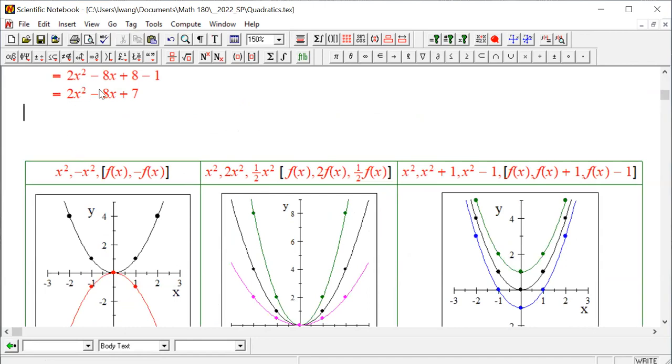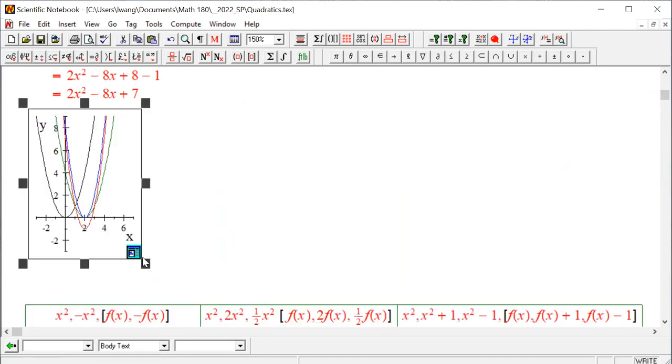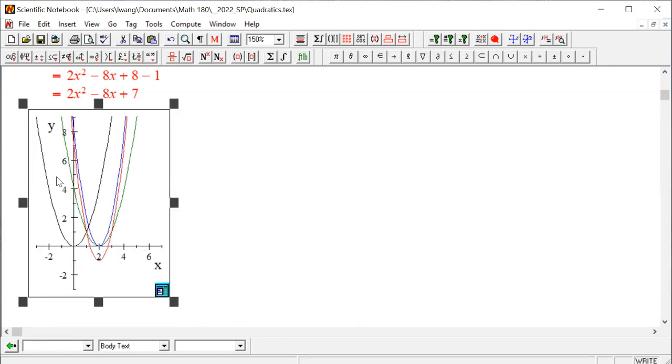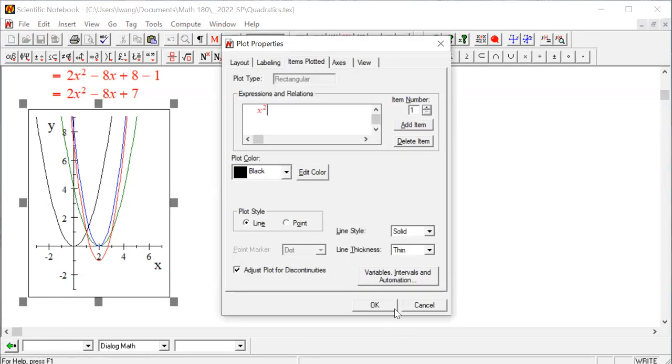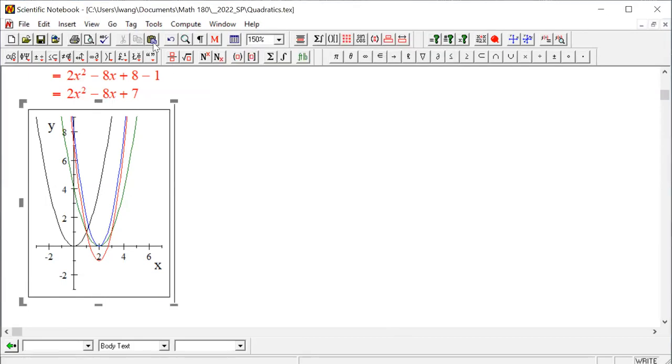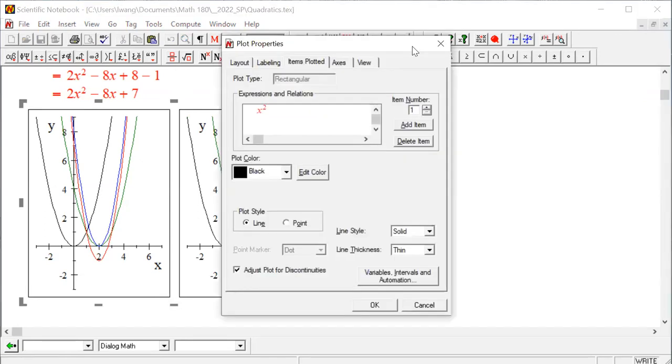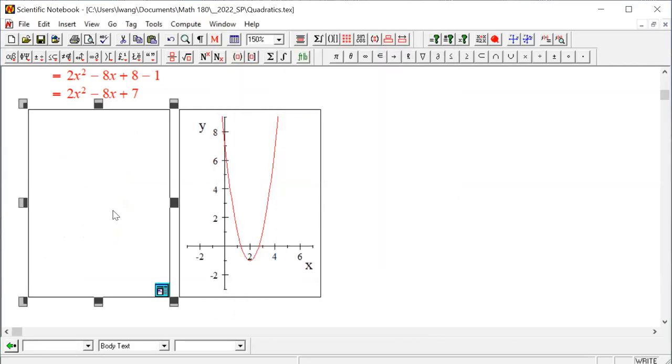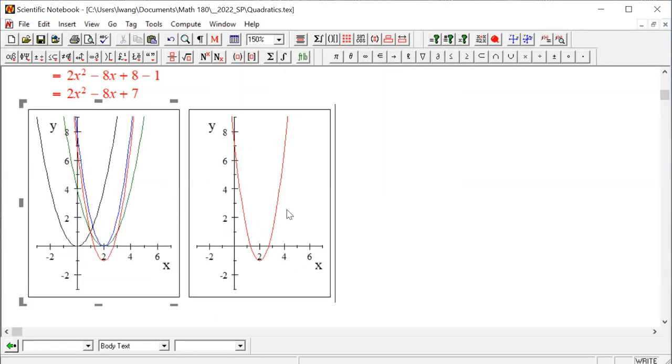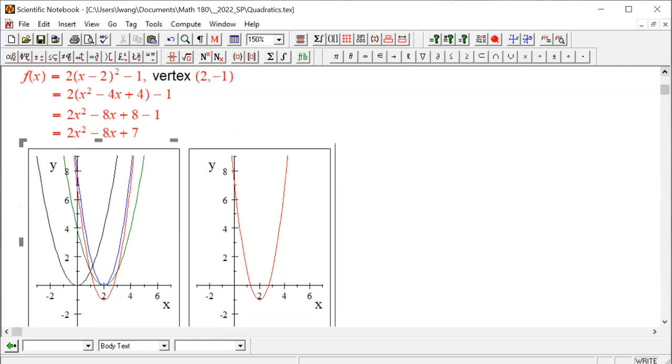Okay, so this function, if I get rid of all the other colors and just leave the red, you can see, in this form versus in this form, they are the same, they are equal, but this form can tell us the vertex.